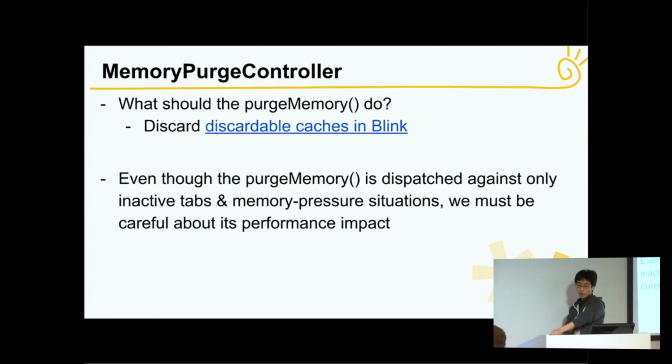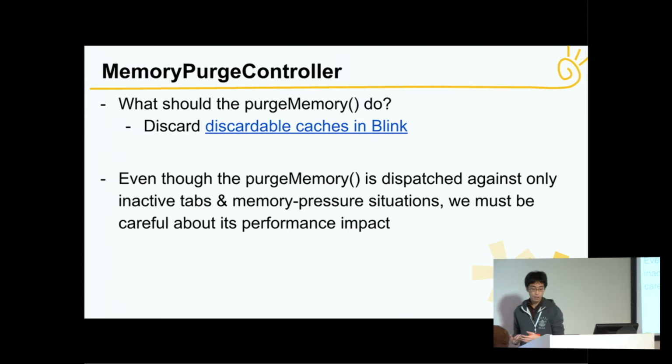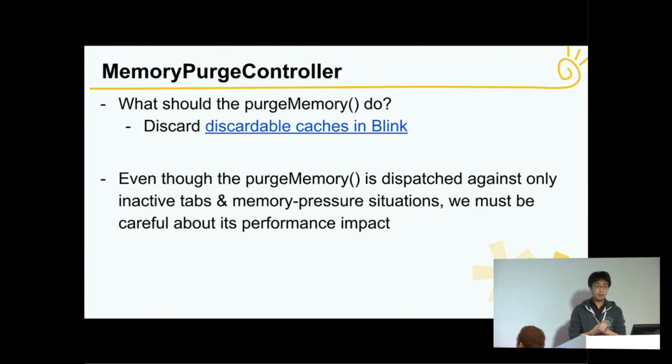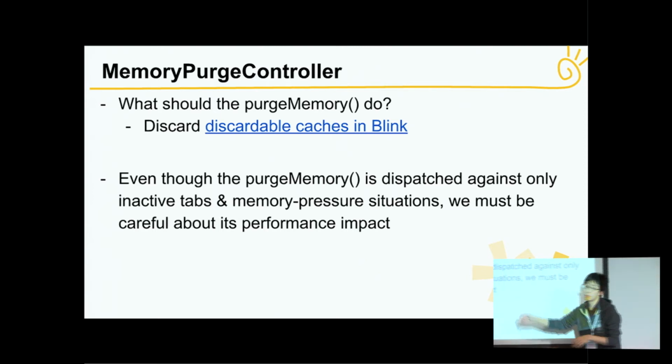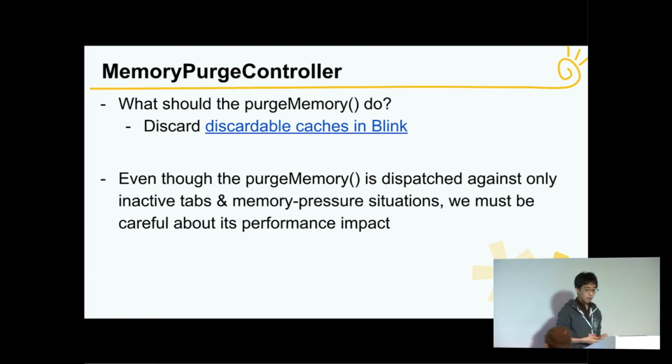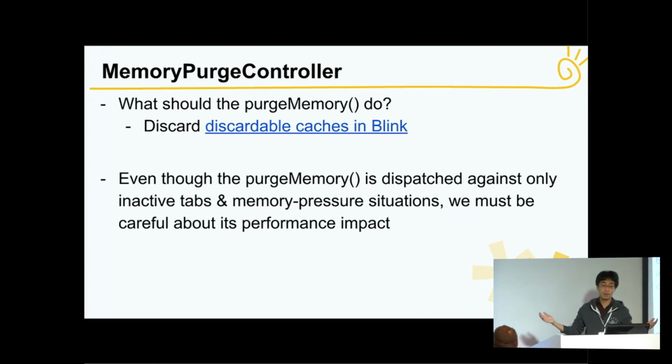The next key question is, what should purge memory do? Basically what we are currently doing is discarding discardable caches in Blink. In August, I asked the team to list caches in Blink that are potentially discardable. It's not a good idea to randomly discard these caches because it affects performance.